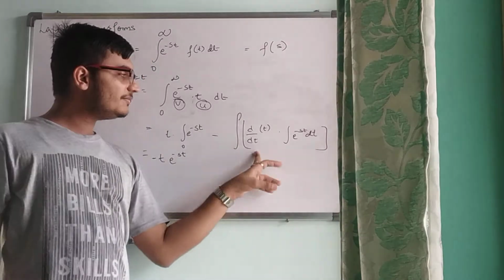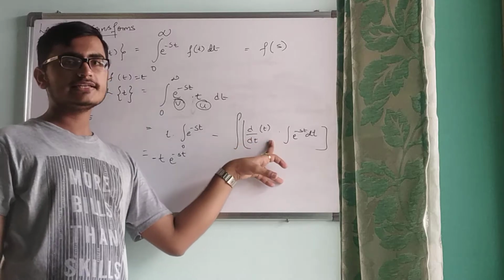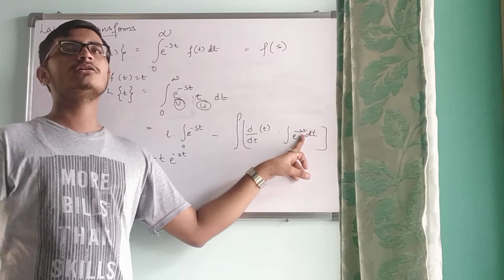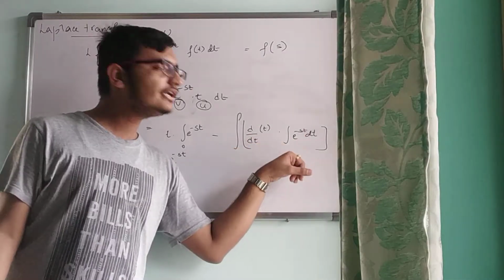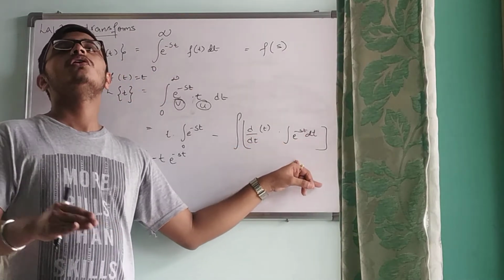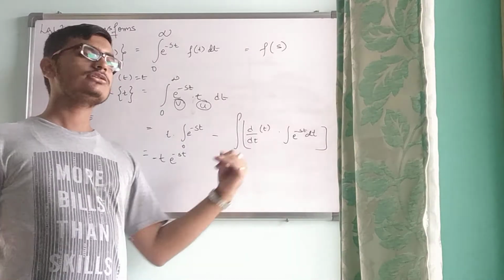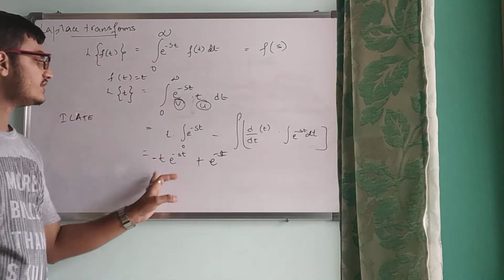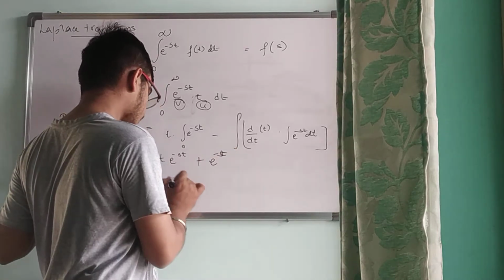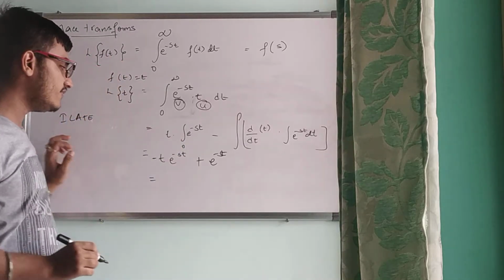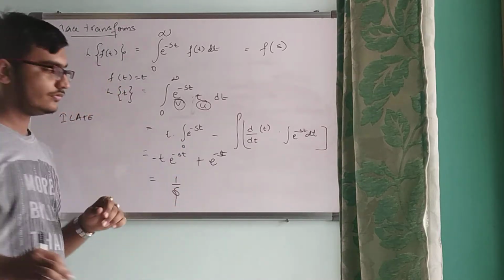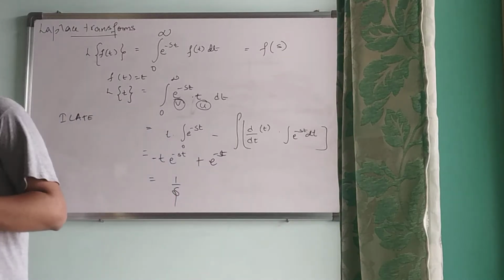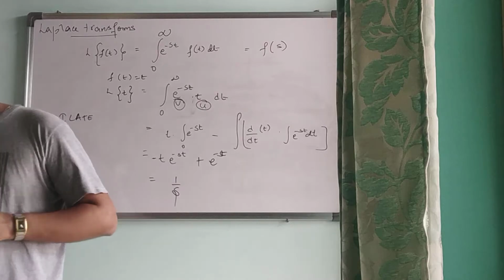d by dt of t is nothing but 1. The integral of e power minus st is minus of e power minus st over s. Again the integral of that will give you a further e power minus st term, and substituting the limits 0 to infinity you get the Laplace transform of f of t equal to 1 by s square.